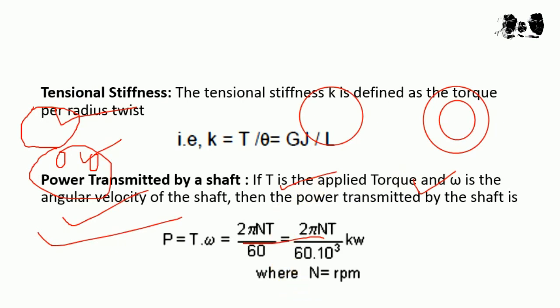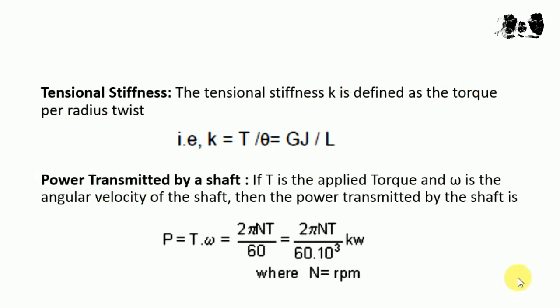Before that, we have two more notations which can be used in the topic of torsion. The first is torsional stiffness, defined as torque per radian of twist, denoted by k, with the value T upon theta. What does that mean?